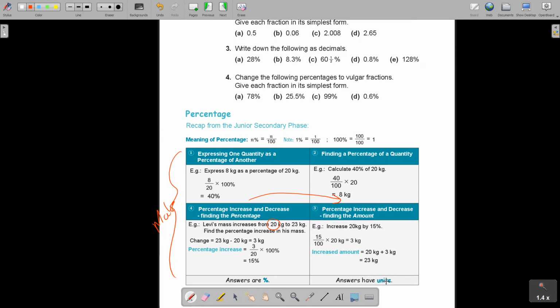So this answers, do you see? They have units. And this answers, so here I'm working with a percentage, here I'm making, so here I'm almost like working with percentage, but you can go through the blocks.